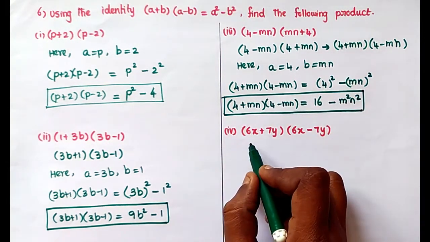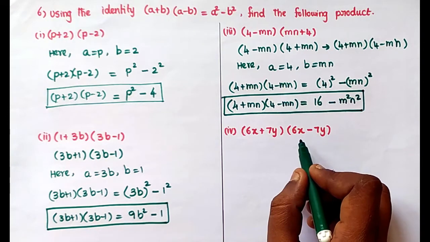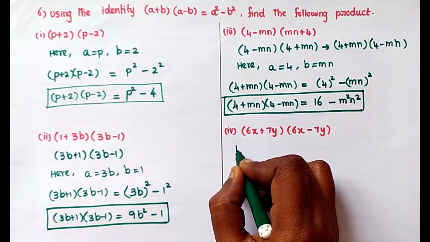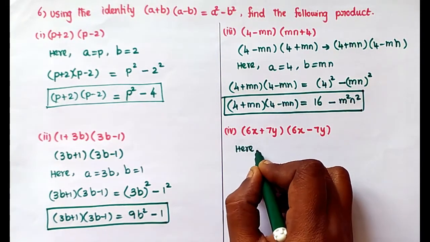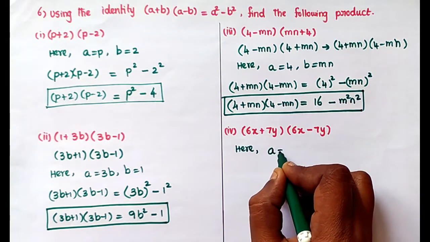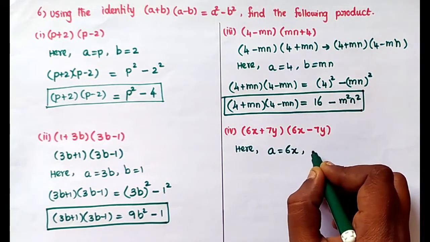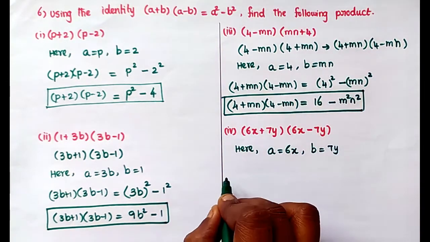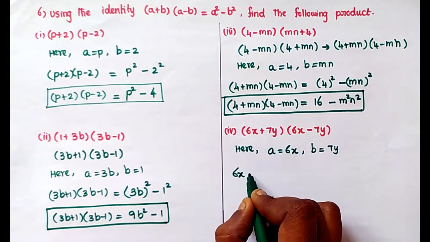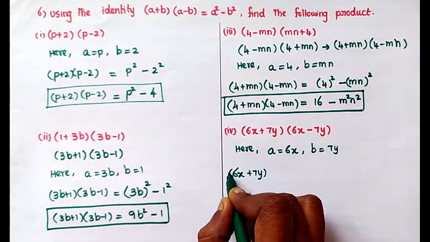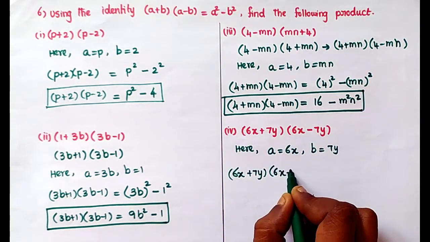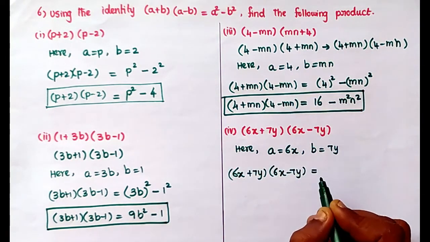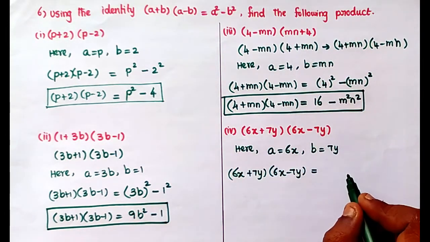Next one, (6x plus 7y) into (6x minus 7y). Listen here, a equals 6x, b equals 7y. So (6x plus 7y) into (6x minus 7y) is equal to a squared minus b squared, right?